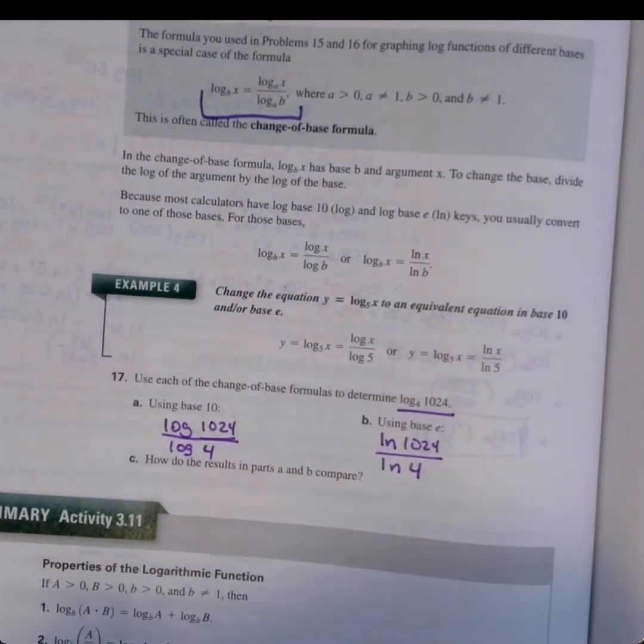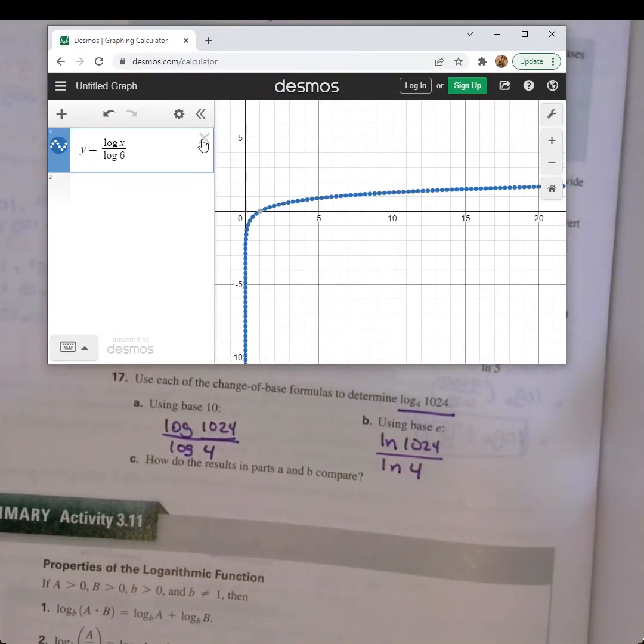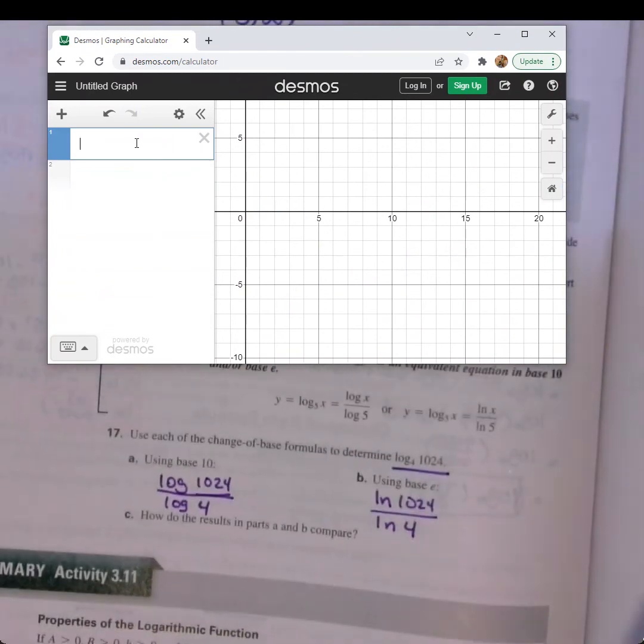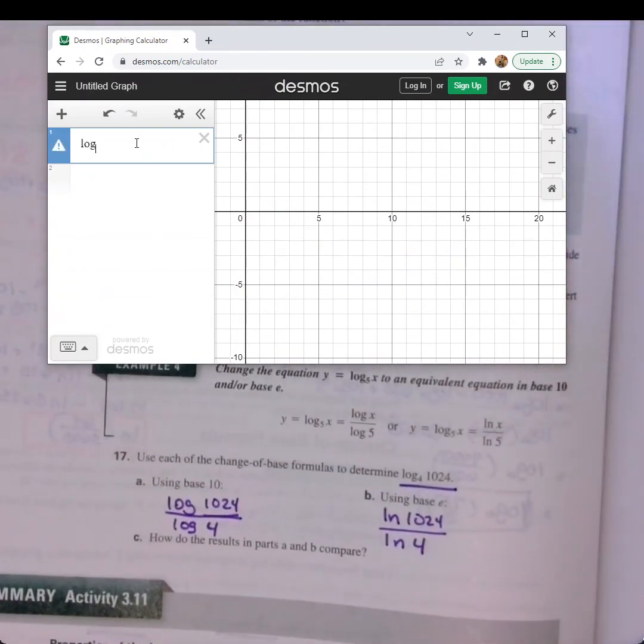Okay? And that's just a number, so we're just going to evaluate it. If we evaluate the log base 4 of 1024, click, it's 5.